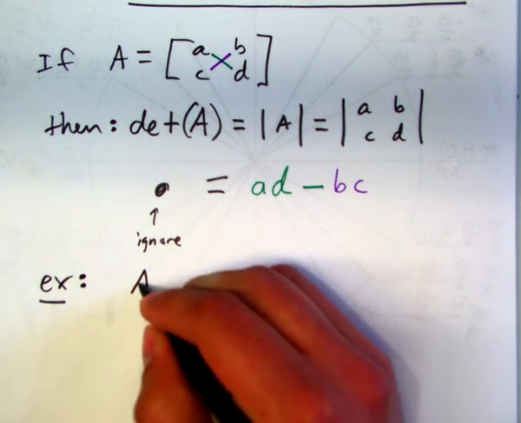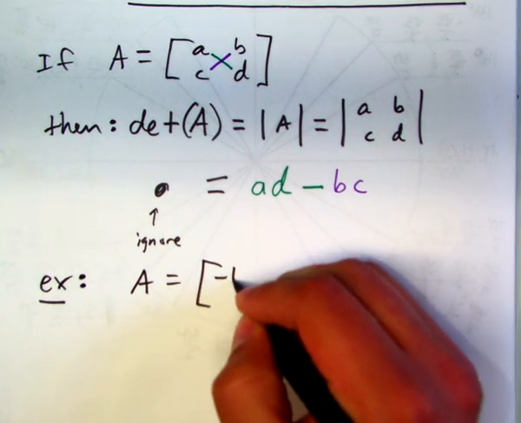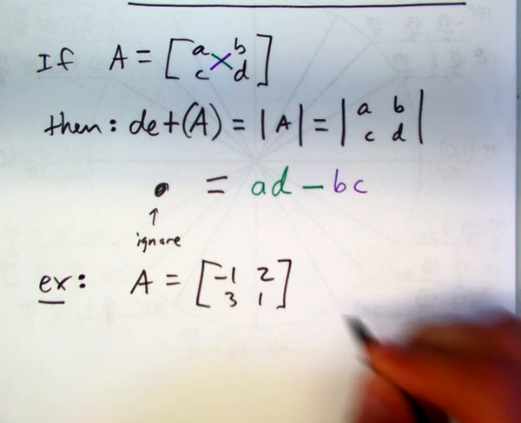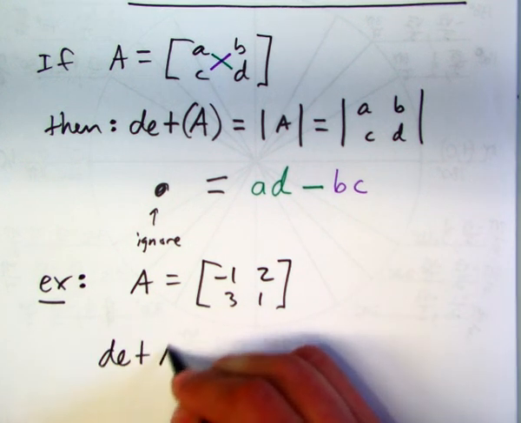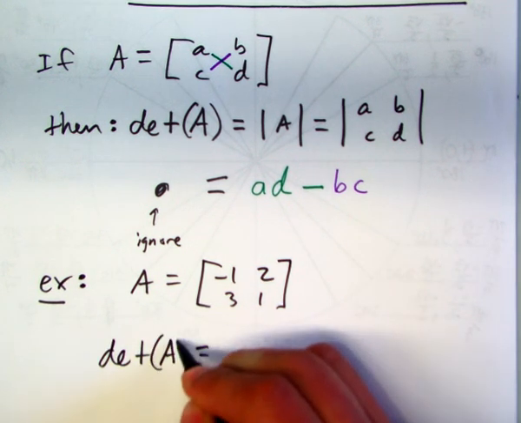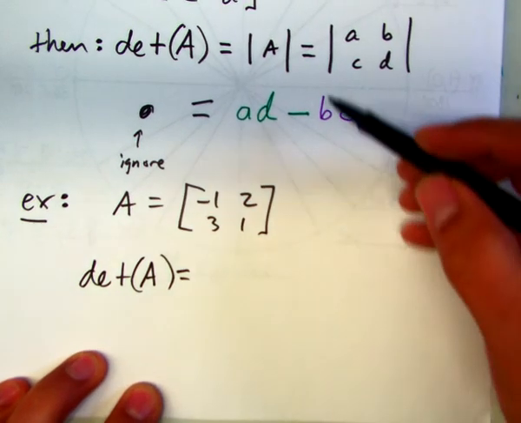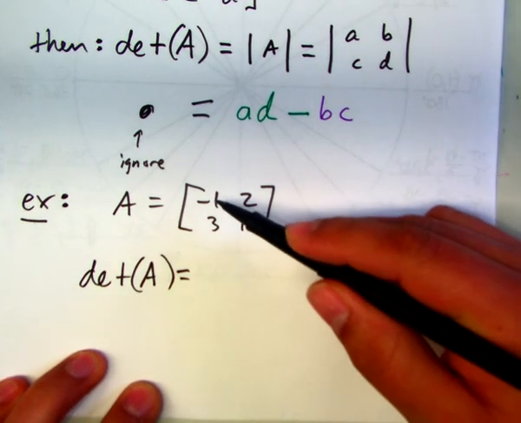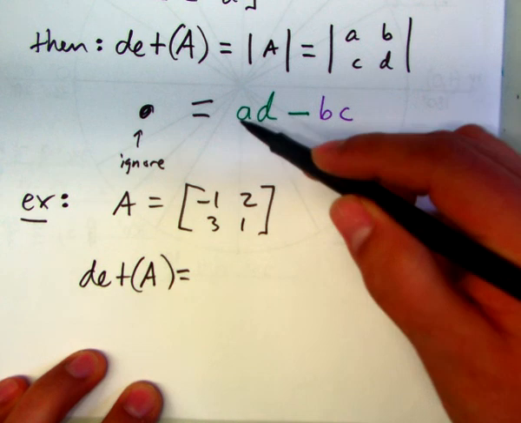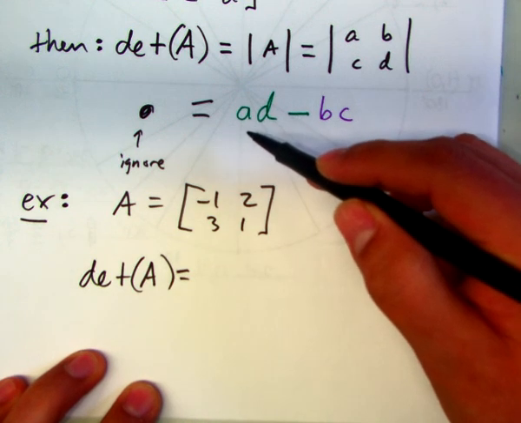So if A is, for instance, negative 1, 2, 3, 1, and I asked you to calculate the determinant of A, all you have to remember is to take the diagonals' products and subtract them, but it has to be this order. Okay? So what would I multiply first?